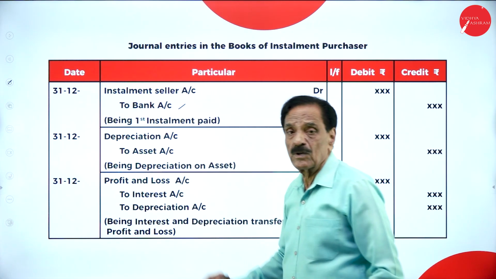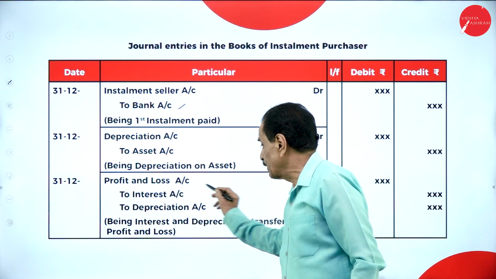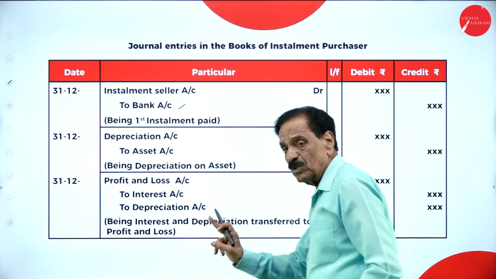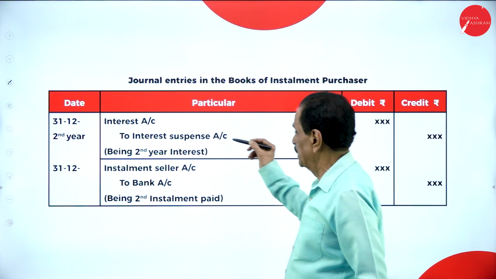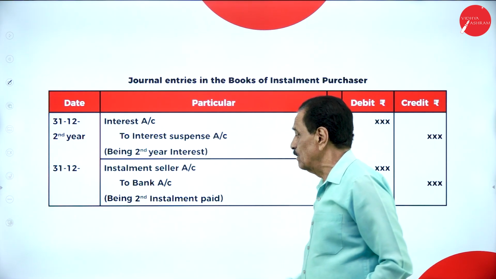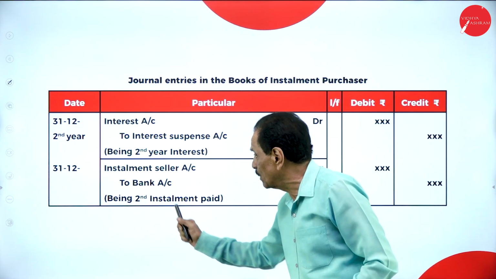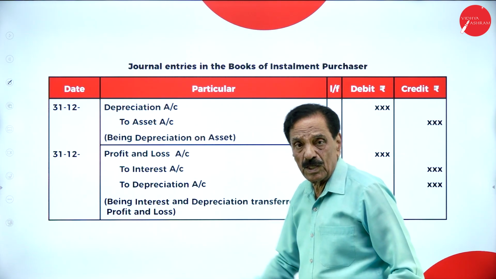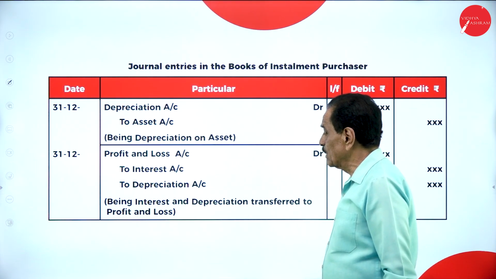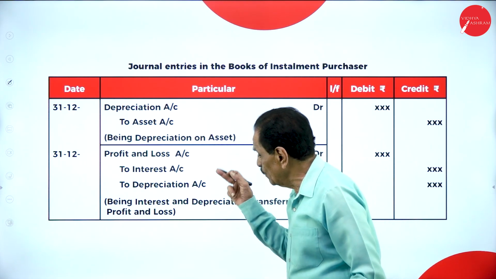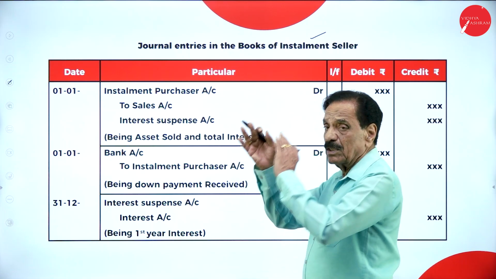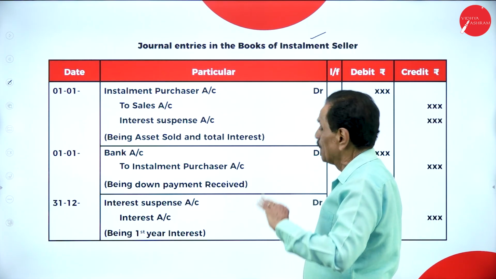Depreciation account debit to asset account, then the transfer entry, profit and loss account debit to interest account and depreciation account. For the second year, the same entries. It goes on, only the amount changes. So these are all the entries in the books of the hire purchaser.